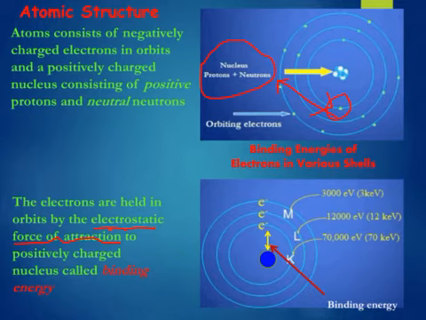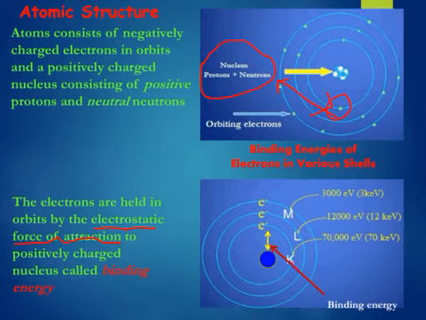So why do we want to know about the binding energy? If you want to remove one electron from this atom, you have to give an energy more than the binding energy of this electron to the nucleus. For example, as you can see some numbers here for the K shell, L shell and M shell.